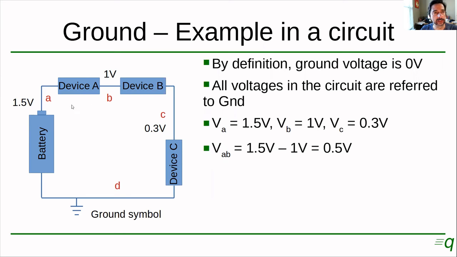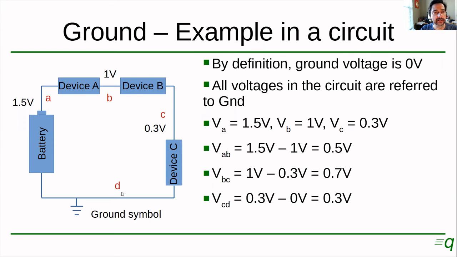VAB, or the voltage on device A, is going to be 0.5 volts. The same way we can calculate the voltage across device B, which would be VBC, right? And it's going to be 1 volt minus 0.3 volts, and that's going to be the 0.7 volts that we have here.